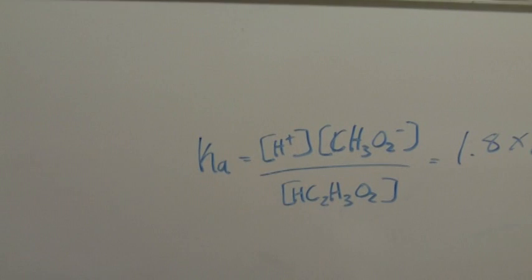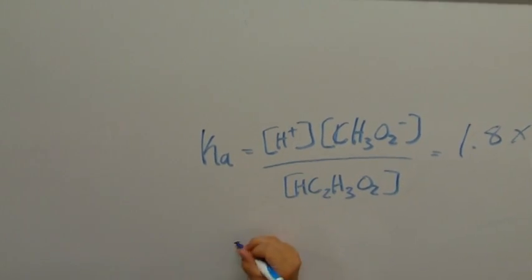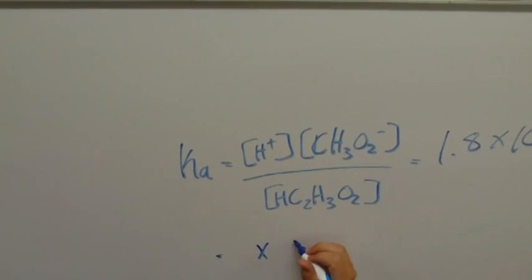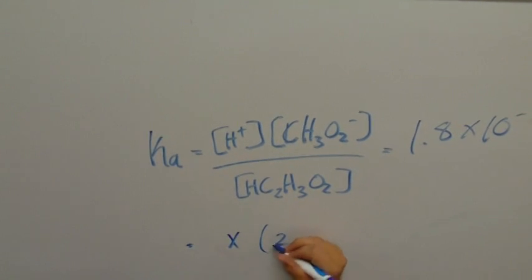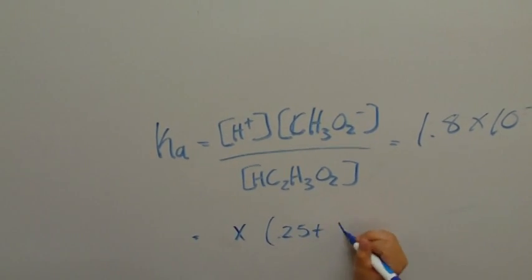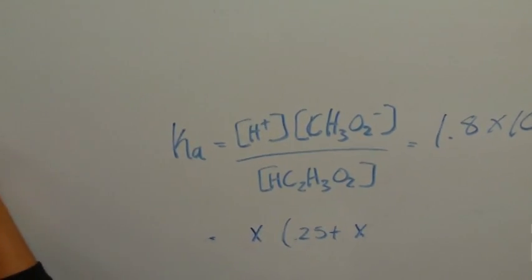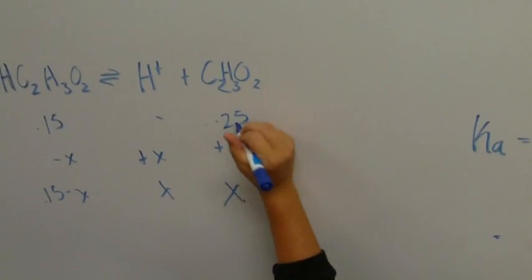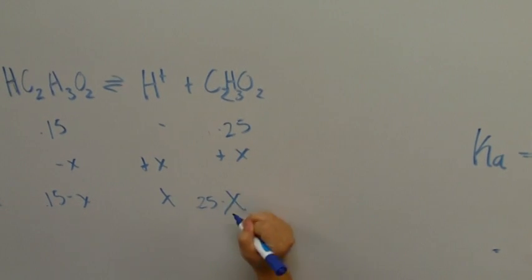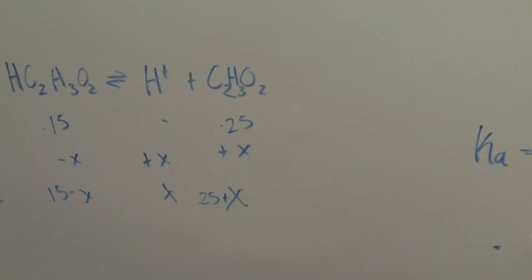And they told us what the Ka value was, so there we go. Just plugging those values in, we get x times 0.25, sorry guys, my bad, I get in the habit, plus x. Okay, there we go.